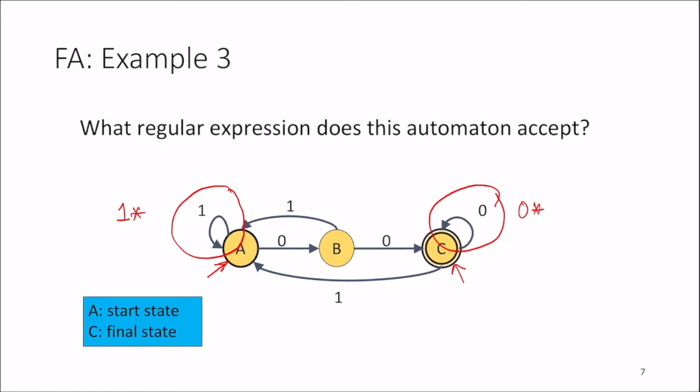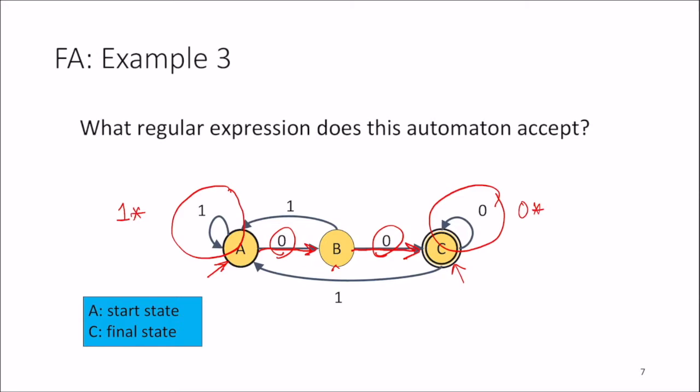So why are there 3 states? It starts off from A, and then it goes to B, and then goes to C. So the path to a final state involves going through this state B. And the reason, as you can see here, is that it's looking for 2 zeros before it can reach a final state.